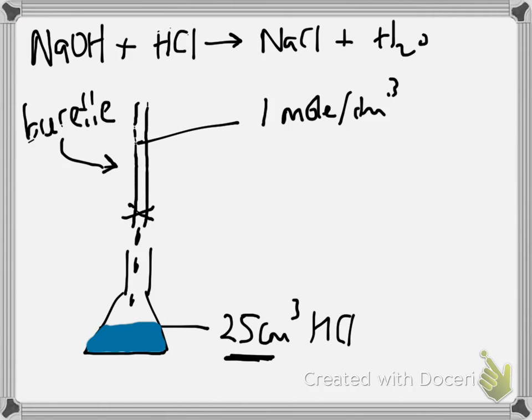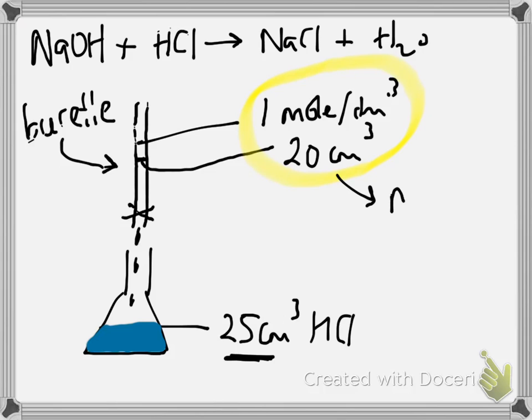Now, when we add the alkali to the acid and we stop, we know the volume of the alkali we've had to add, because we can read it off the burette. Let's say that was 20 centimetres cubed. If I know the concentration and the volume of the alkali, what can I work out?